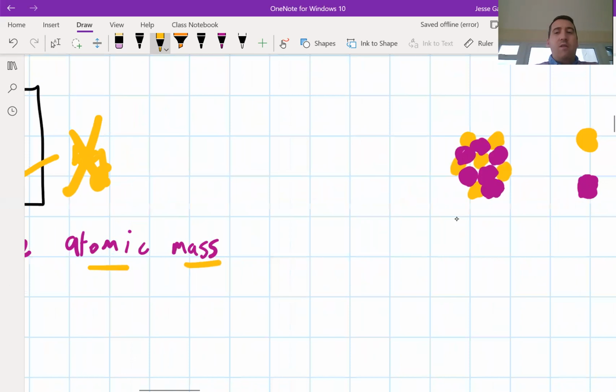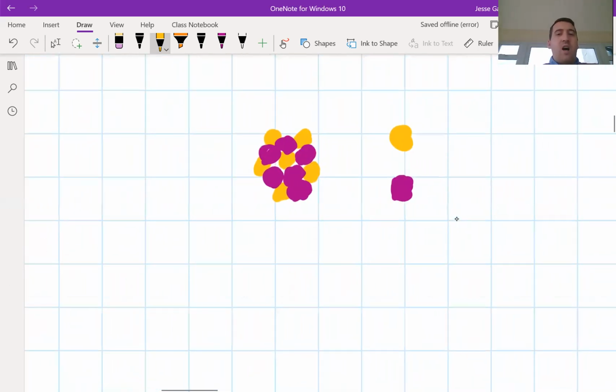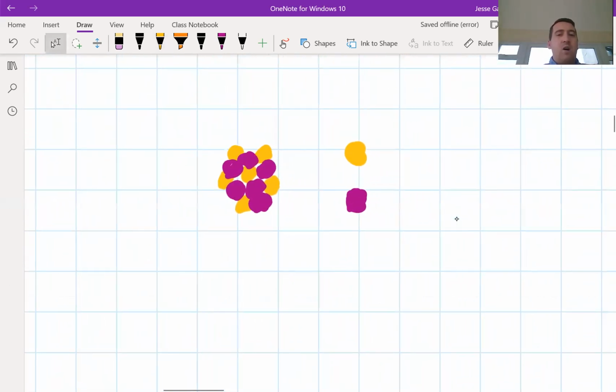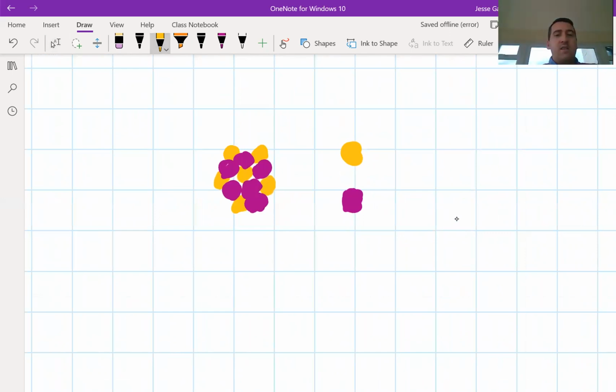To understand that, we need to look at an atom of carbon. This is an atom of carbon. It's got 6 yellow dots, which represent protons, and 6 purple dots, which represent neutrons. Almost all of the atoms of carbon in the world are like this.